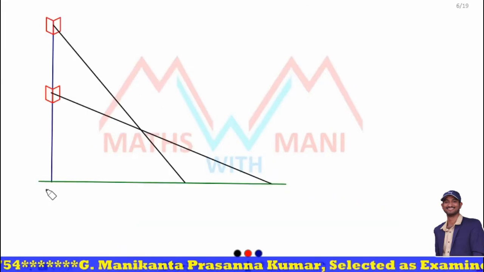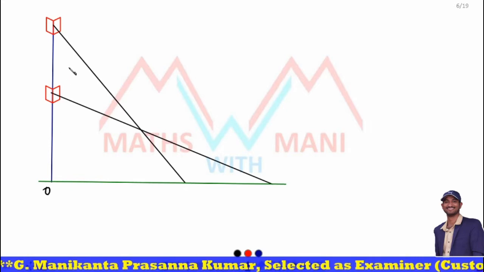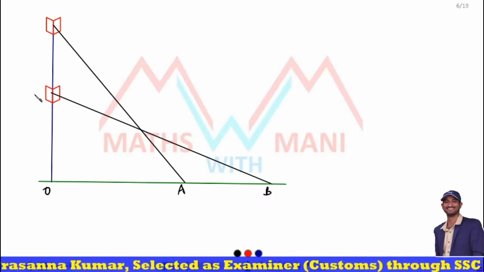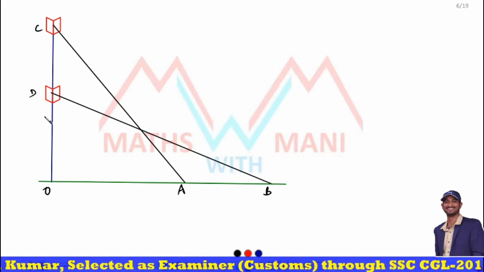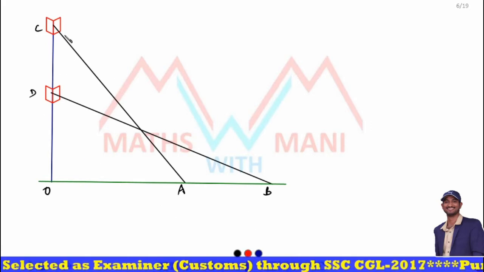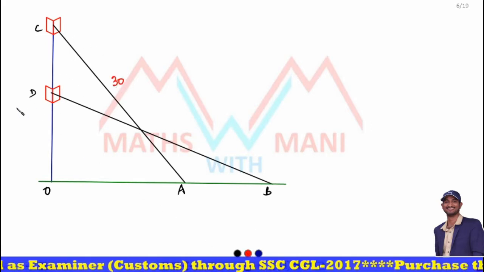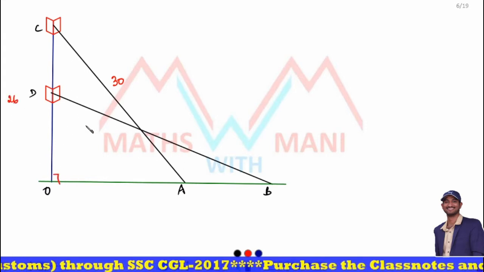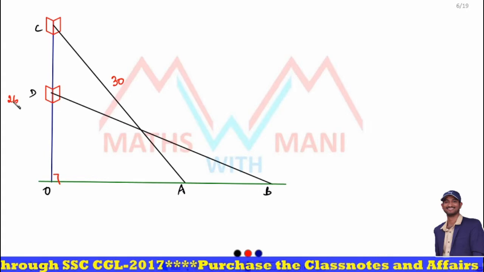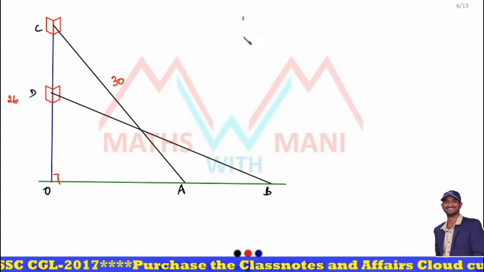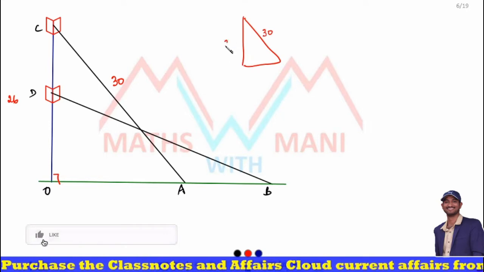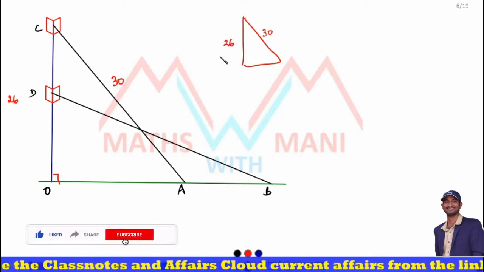Suppose O is the base point of the wall, and it is A, and it is B, and it is C, and it is D. Since AC is 30 and OC is 26, OAC is a right angle triangle, yes or no? The hypotenuse is 30 and the other perpendicular side is 26.